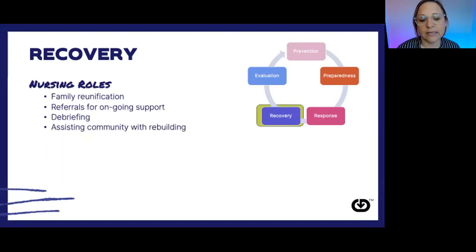Nursing role in this often has to do with family reunification, referrals for ongoing support, especially mental health support, debriefing our teams to making sure everyone who went through the disaster, including healthcare workers, have the time to decompress and debrief, and then assisting the community with rebuilding and returning to normal.